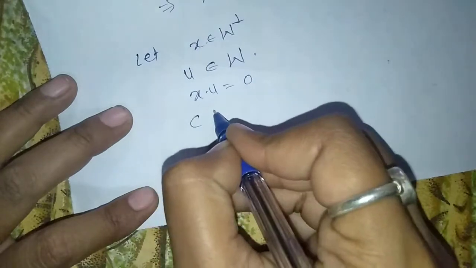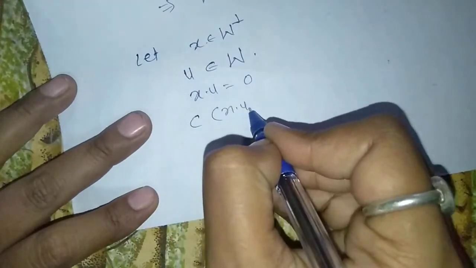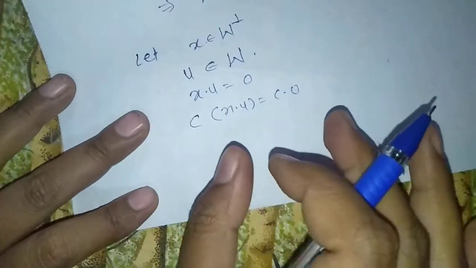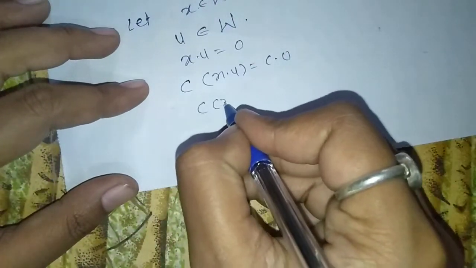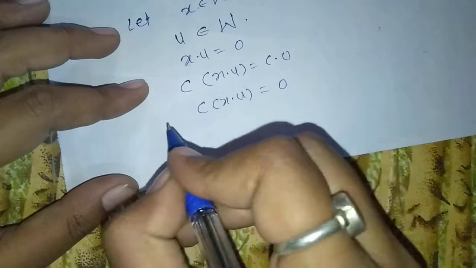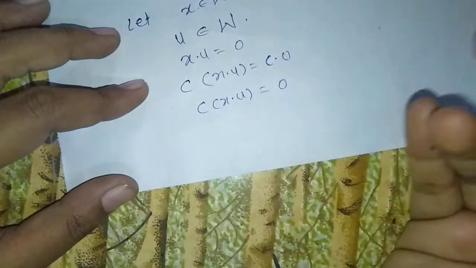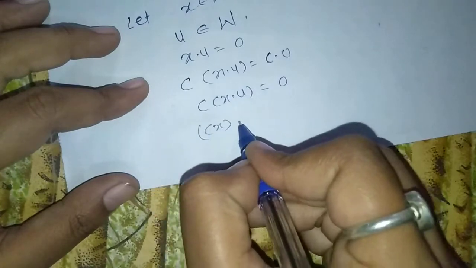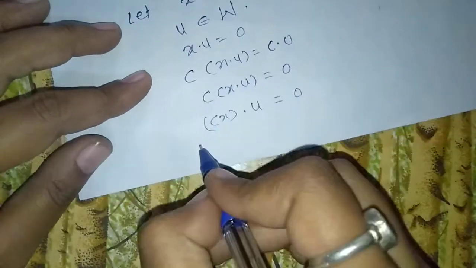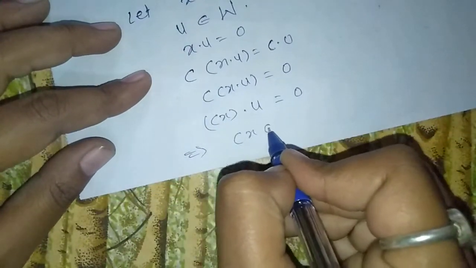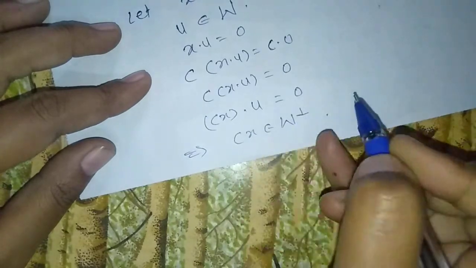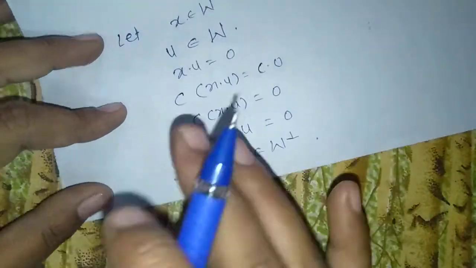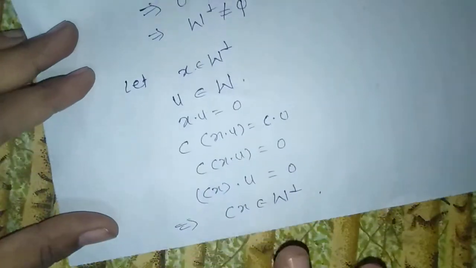Now take scalar C times X dot U is equal to C times 0, meaning multiply C on both sides of this equation, we get C times X dot U is equal to 0. Now C X dot U is equal to 0, which implies C X belongs to W complement, meaning the first and second properties of the subspace are satisfied.